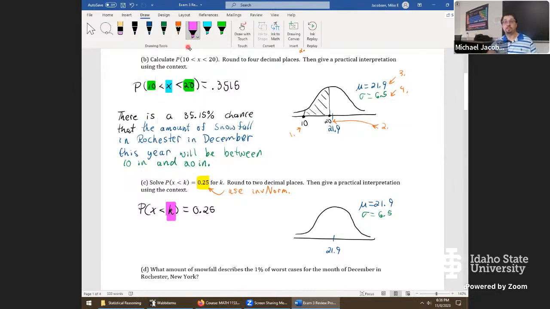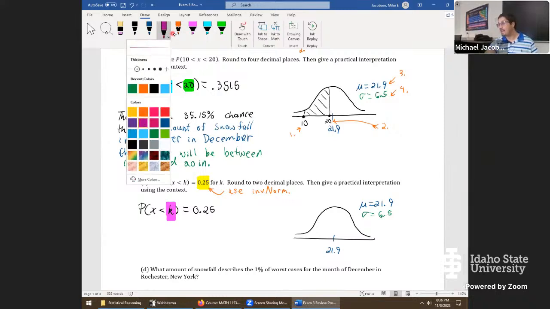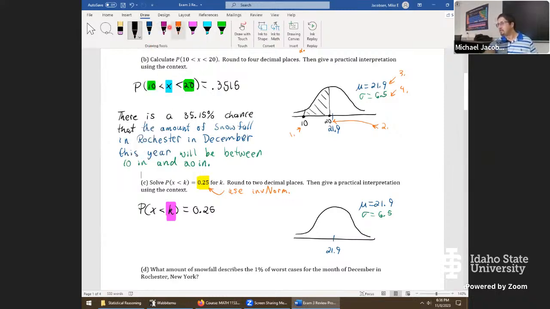One of the more critical things we ought to do is place K on the X-axis. So our value for K, one thing I did want to add to these graphs, which is totally optional, but sometimes it helps a little with the context, is I like to add X here. And X would be snowfall in inches. I just kind of forgot on that one. And also we're doing review problems, so we're trying to do as many of them before we run out of time. But that's a good thing to add to your graph because it will help with interpretations. We're just forced to think about snowfall when we write that in.